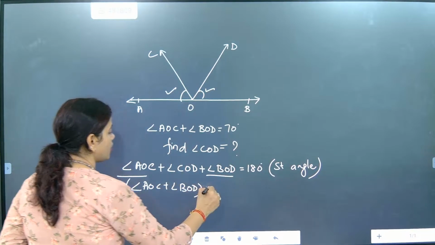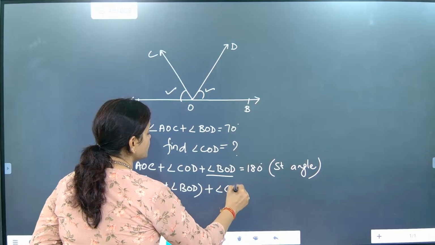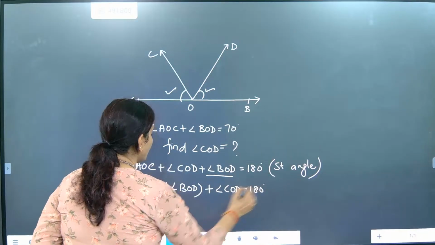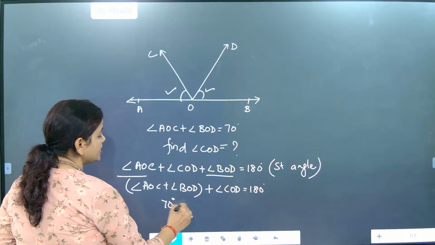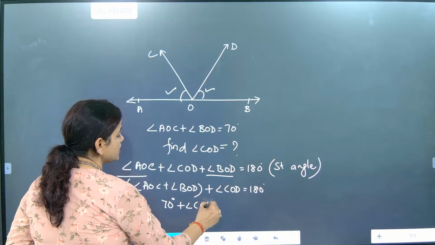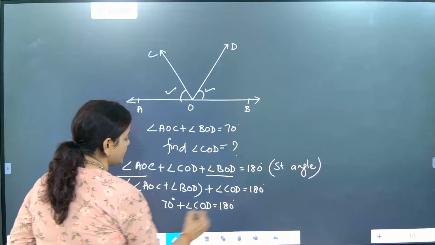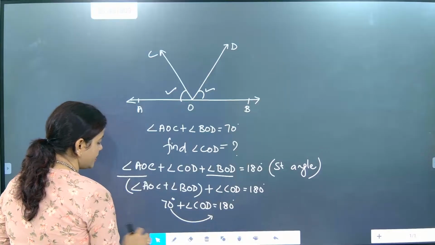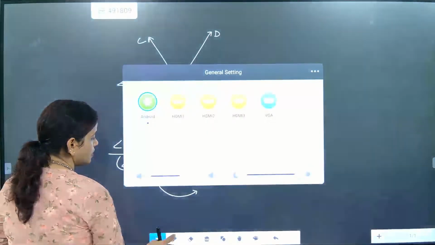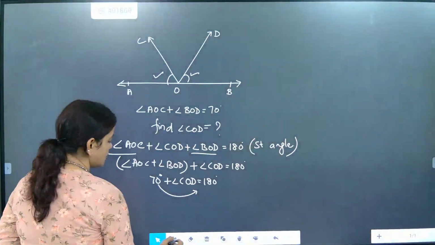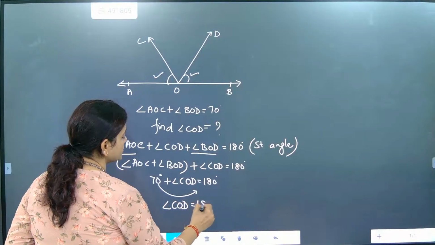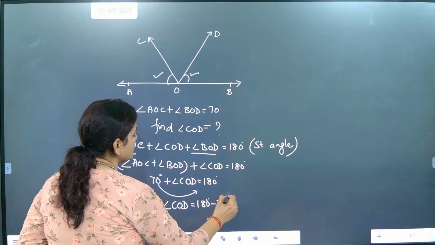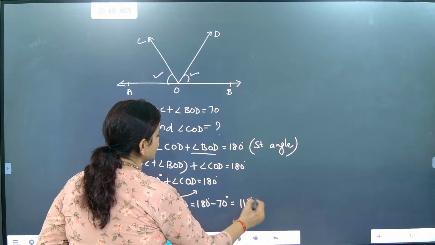Presentation is most important for everything. Angle AOC plus BOD is 70 degrees, plus angle COD is equal to 180 degrees. Shift this one to that side. So finally, angle COD is equal to 180 degrees minus 70 degrees. It is coming as how many degrees, beta?